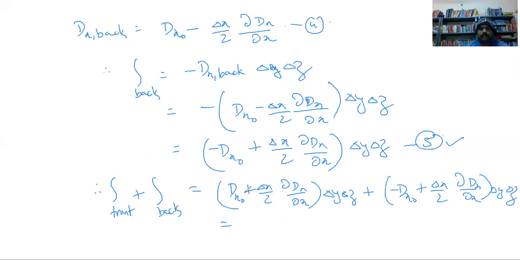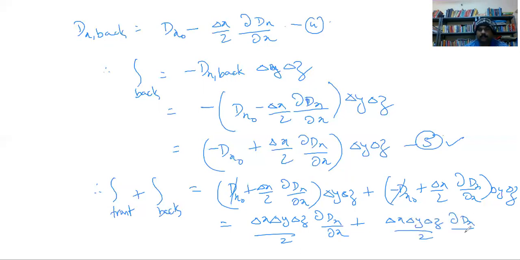So what happens here? dx naught and dx naught get cancelled. So what remains? Delta x delta y delta z by 2 into dou dx by dou x plus delta x delta y delta z by 2 dou dx by dou x.